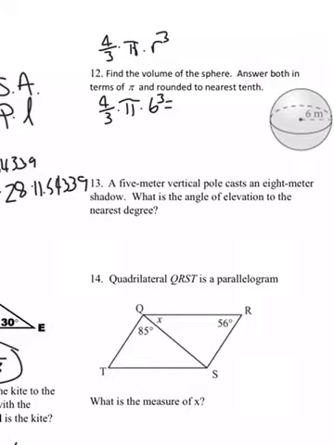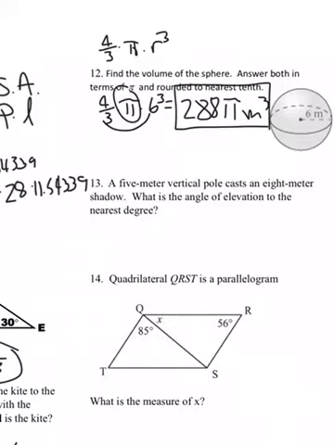So we're going to do 4/3 times 6 to the 3rd power. And we're going to keep pi in the back. So just these two gives you 288. You put the pi in the back, and there's the volume in terms of pi, meaning we're not multiplying to get the decimal.